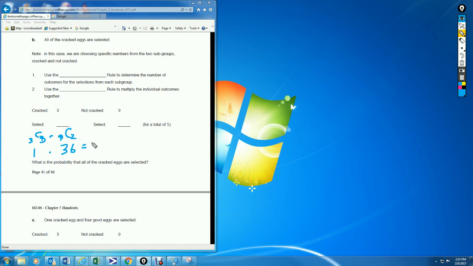Or in other words, 36 total ways to select all of the cracked eggs. Okay.